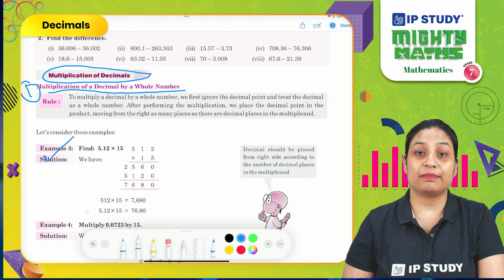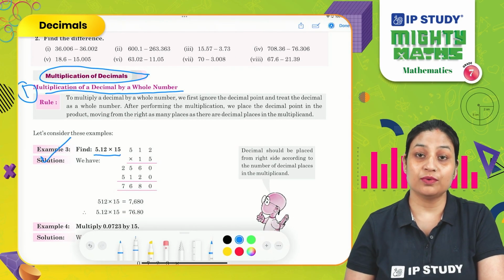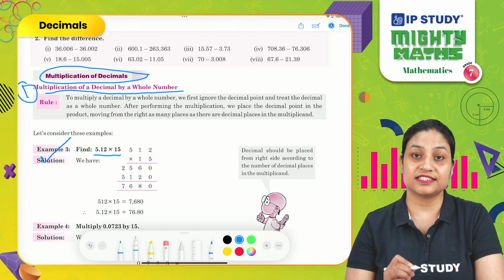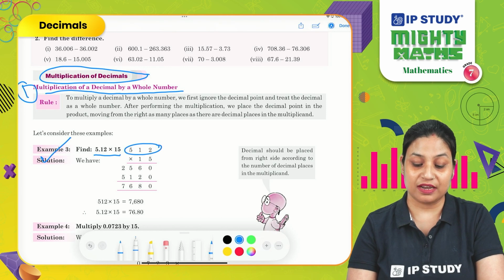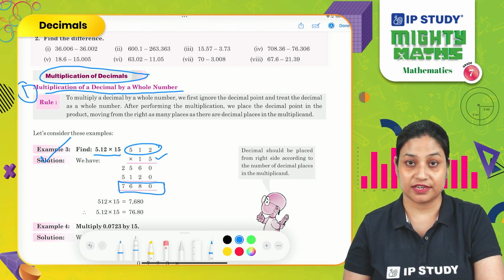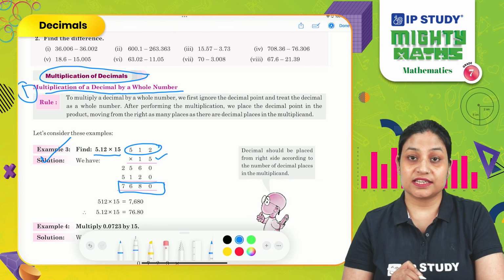Let's take example number 3. Here we have to multiply 5.12 by 15. So just forget about the decimal and consider it 512 only. So 512 has to be multiplied by 15. If you do so, what you will get? You will get 7680 as your product. Now count the number of decimal places in the decimal number.